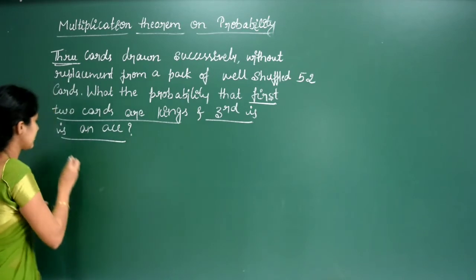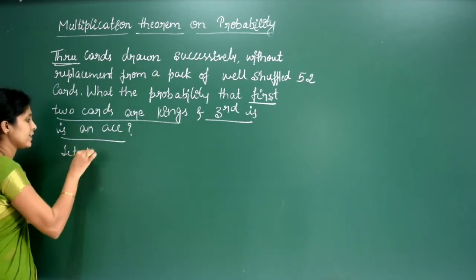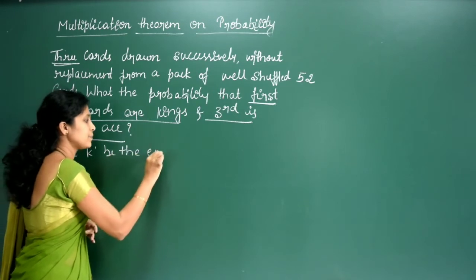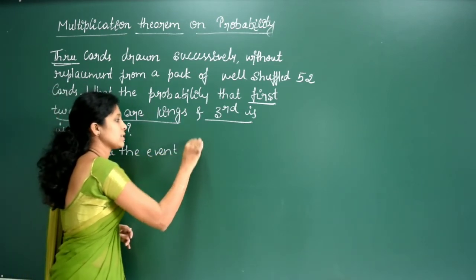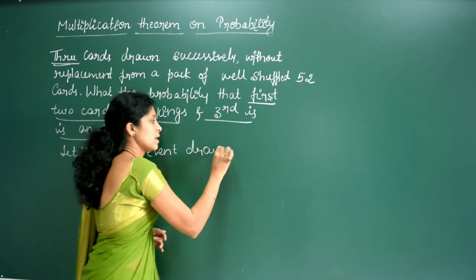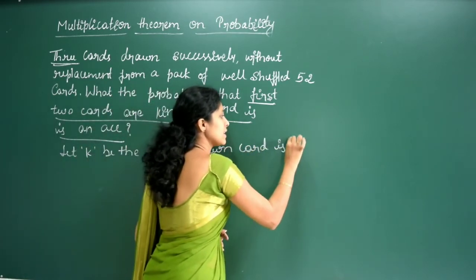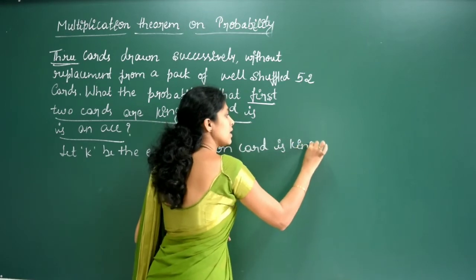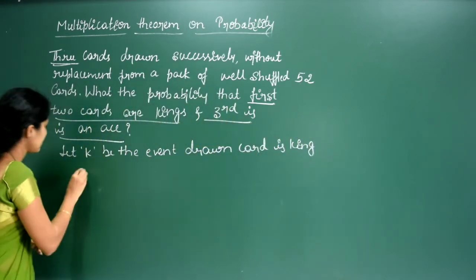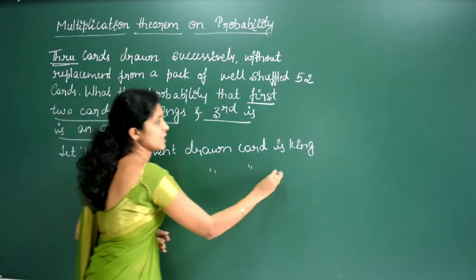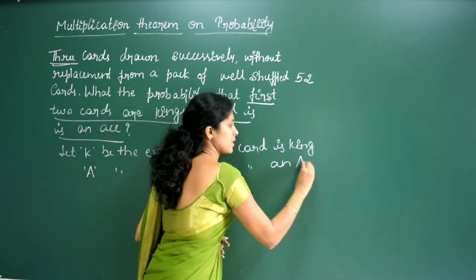Now what do we have to find? Let us consider the events. Let K be the event that the drawn card is a king, and A be the event that the drawn card is an ace.